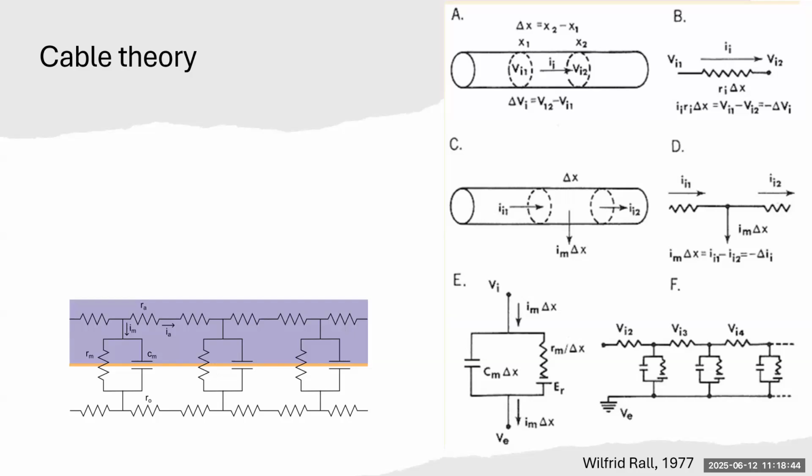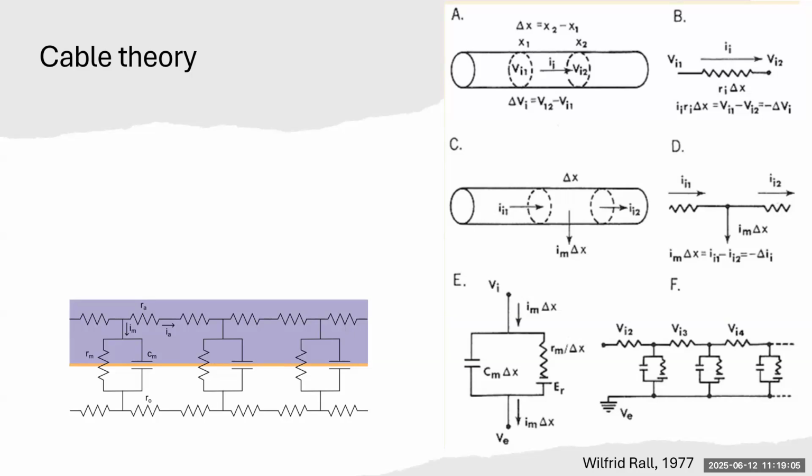Now, in that, you will have voltage difference between two parts of a small compartment, right? And if your current IA is going along this, what is your rate of change of voltage with distance?